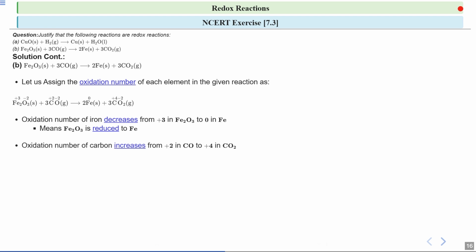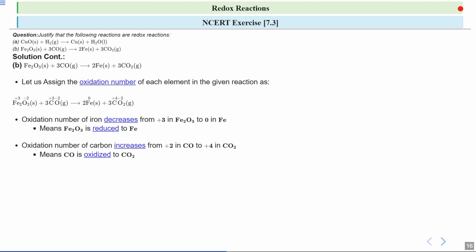Then we have the discussion about carbon monoxide. Here the carbon has a +2 oxidation state and it is moving to a +4 oxidation state in carbon dioxide. That means the carbon monoxide is getting oxidized due to the increase in oxidation number of carbon in CO to +4 in carbon dioxide.